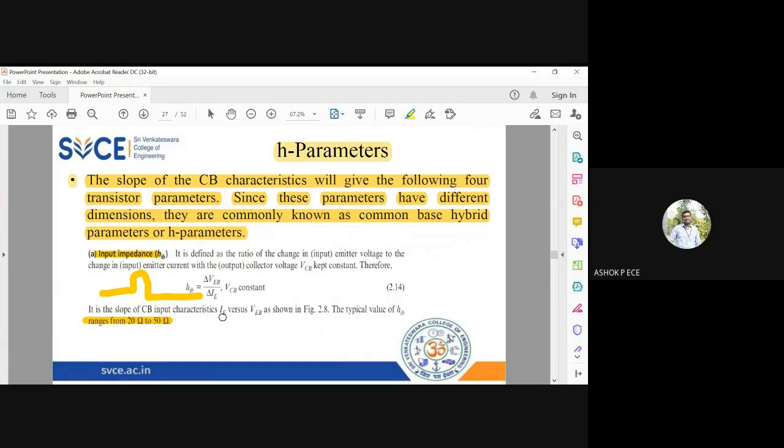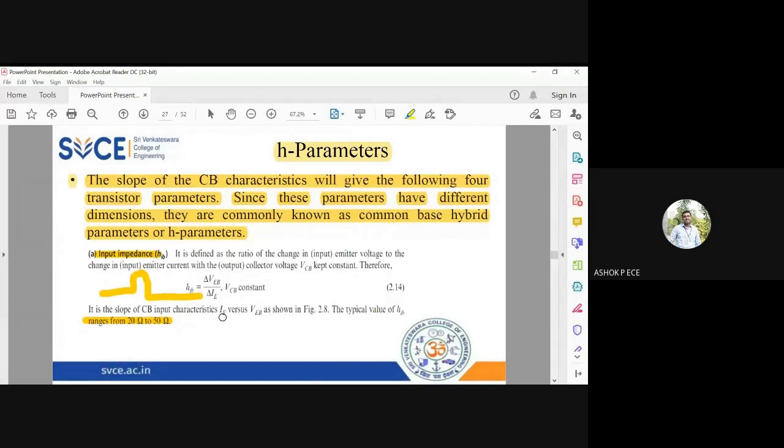Generally, should input impedance be high or low for any circuit? You have studied this in network theorems also, Thevenin's theorem, Norton's theorem, where you find the input impedance, RTH, RL.